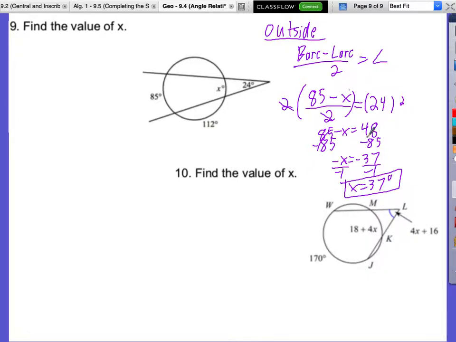So if you started from here again, what'd you do? Add x. So it's the same math, which is why it works.